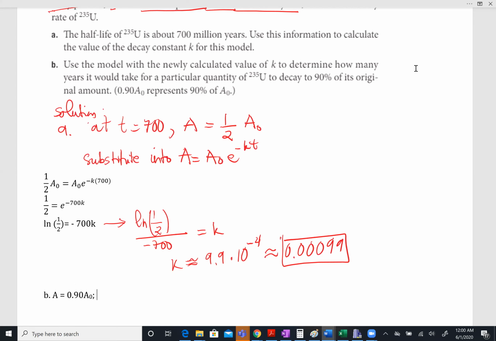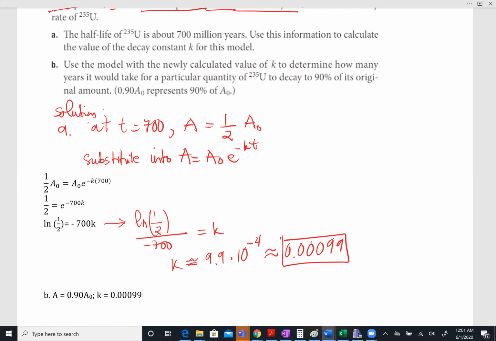The other information is k equal to 0.00099. And they want me to find t.